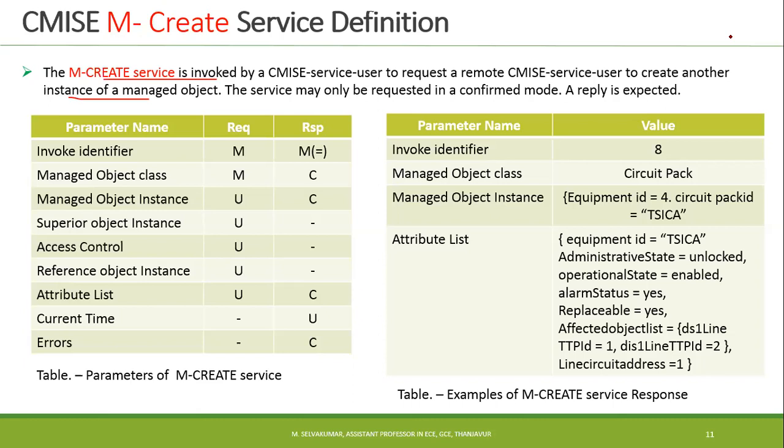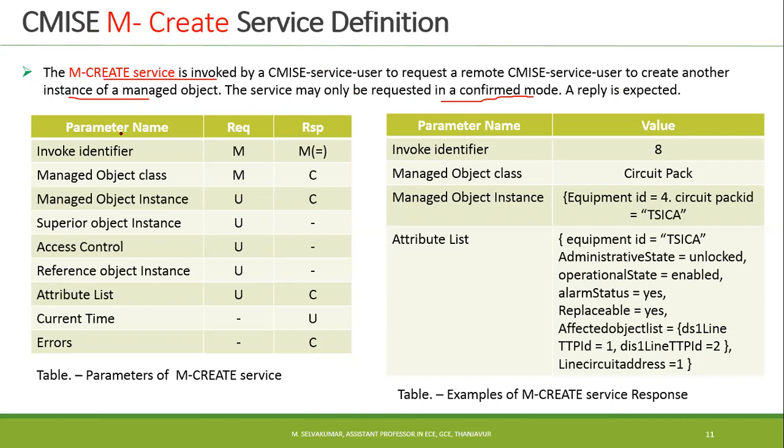So this M-create service is used to create the object class in the remote systems. The service may only be requested in a confirmed mode. So only one request can create one instance of the managed object class.